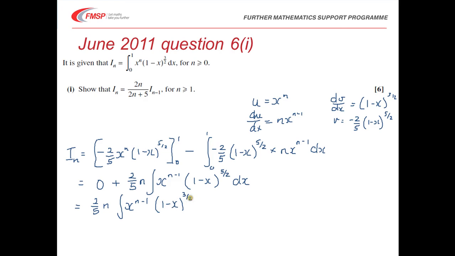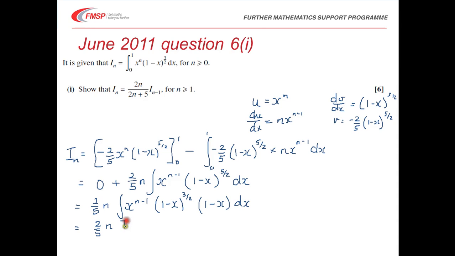Now that's the bit that we had in the question, if you remember. So that was I_n with the power of 3/2. But of course if we've taken that out we will still need a 1 minus x in there. So all I've done is rewritten it. But the advantage of rewriting that is that if we multiply out, then we're going to have 2/5 of n times x^(n-1)(1 minus x)^(3/2).